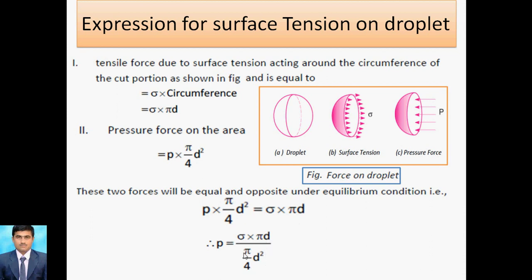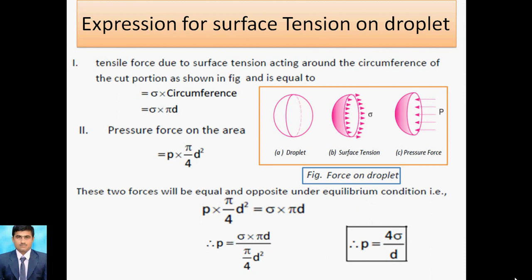After cancellation, pi gets cancelled out, then a single d is cancelled out. The 4 goes on the upper side, so we get 4 sigma and d in the denominator. So P is equal to 4 sigma upon d. This is the relation for a droplet, the formula for surface tension on a droplet: P is equal to 4 sigma upon d.